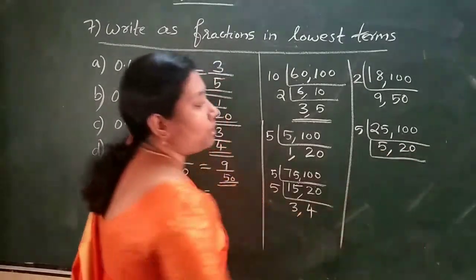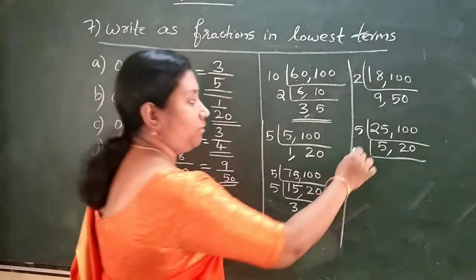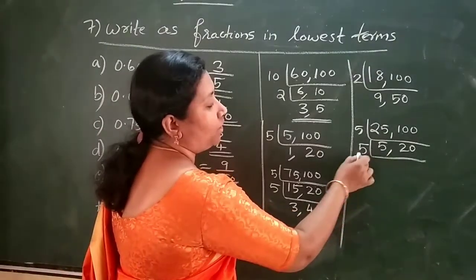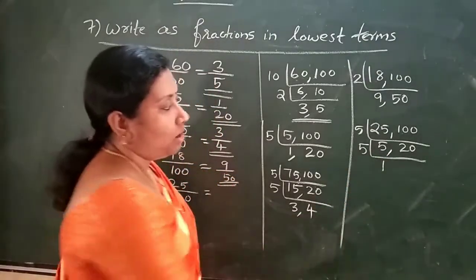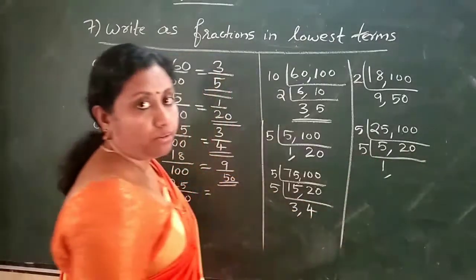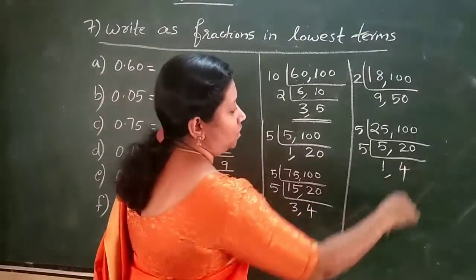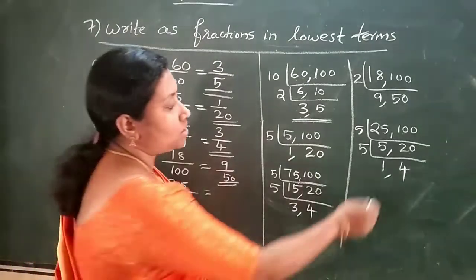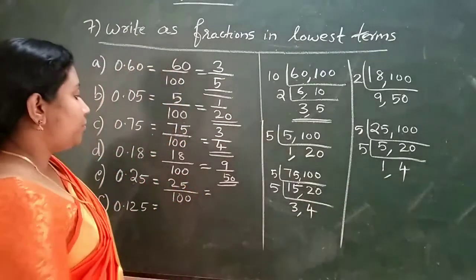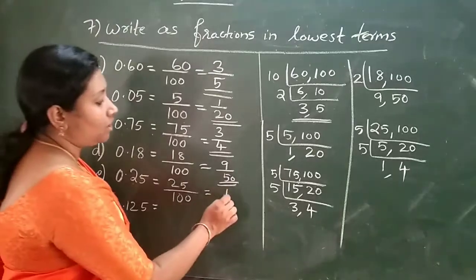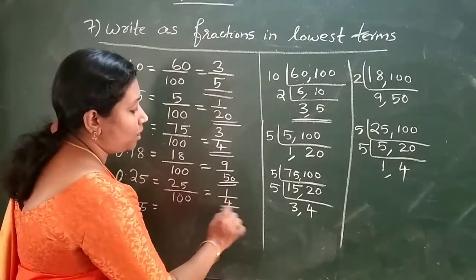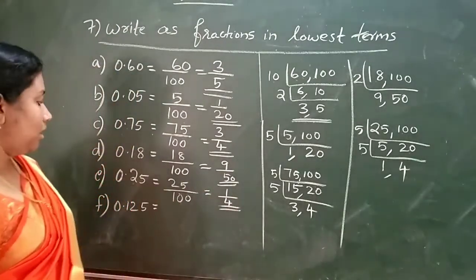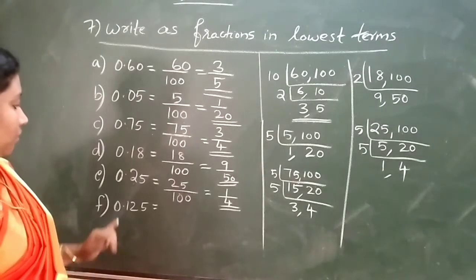Again it is divisible by which number? 5. 5 divided by 5 is 1. Then 20 divided by 5 is 4. Any other common factor? No. So this is the simplest form of 25 by 100. So what is the simplest form? 1 by 4. Okay. Then your last question.